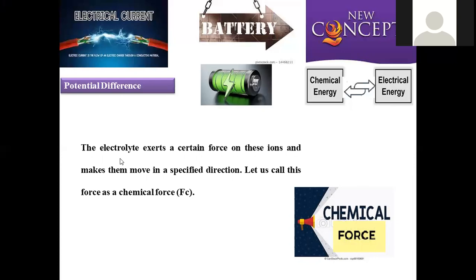For example, that electrolyte has a tendency to localize those ions towards the cathodic terminal. So the force which operates to move ions to reach that cathode is called a chemical force. That is exerted by the electrolytic solution and is denoted as FC, the chemical force.